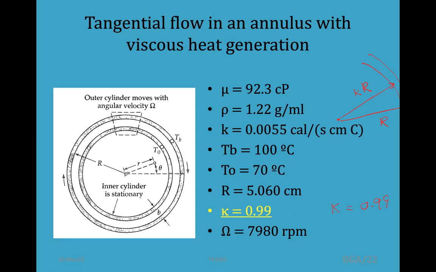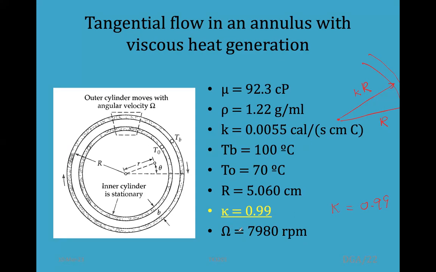This is the outer radius, R. And then kappa is the ratio between the inner radius and the outer one. And omega is the angular velocity.